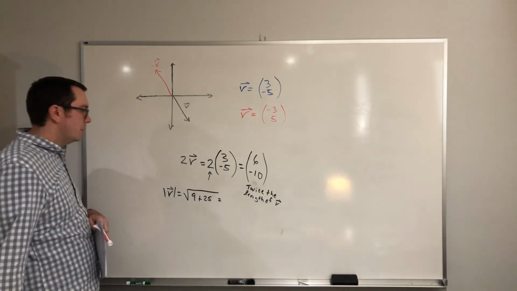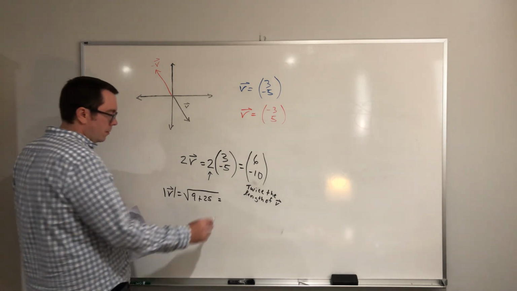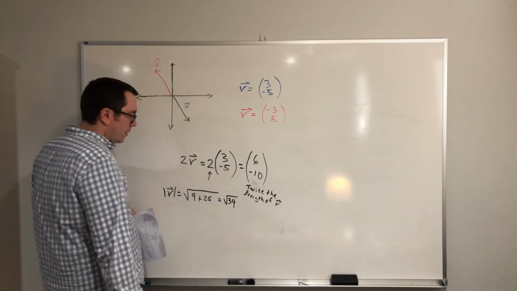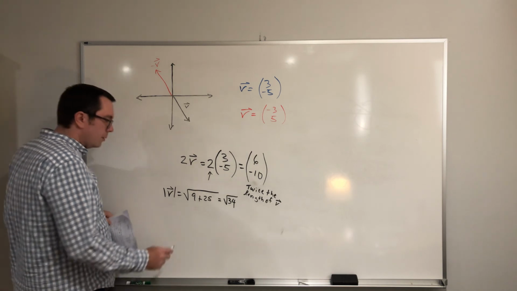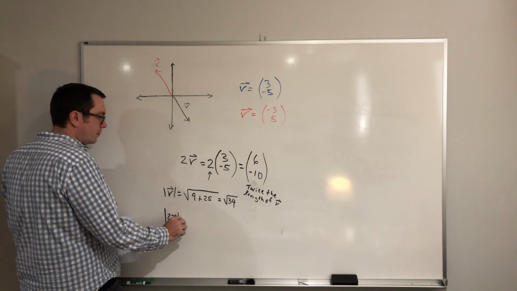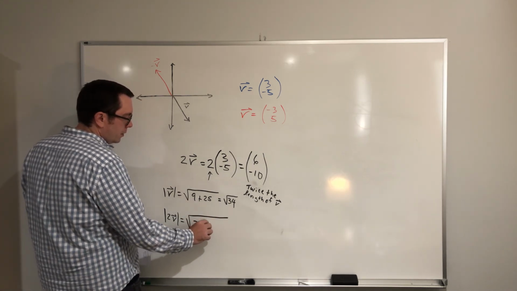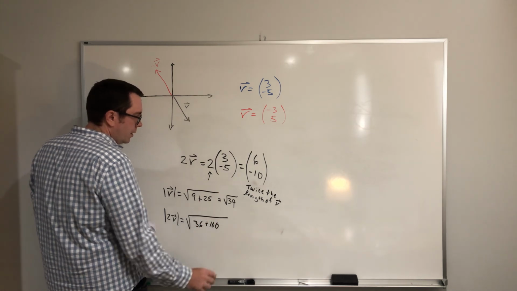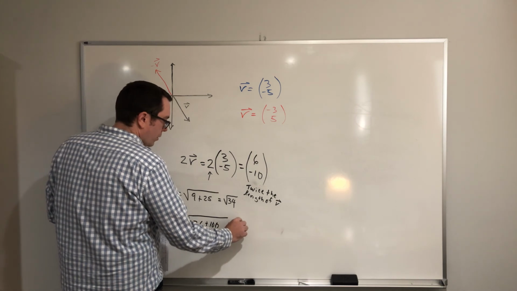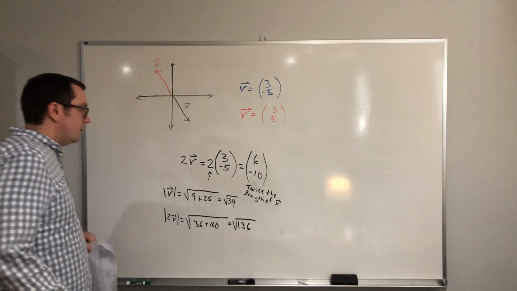So 25 plus 9, that's 34, right? And then if I want to do the magnitude of 2v, that would be 36 plus 100, that's 6 squared and 10 squared, so that's the square root of 136.